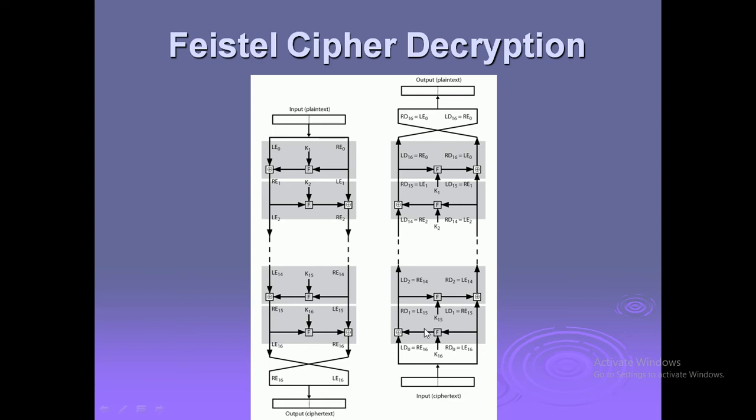The keys are applied in reverse order, so key 16 is applied first, and so on. There are also 16 rounds, and then in the final round the left and right halves are swapped and we get the output plain text.